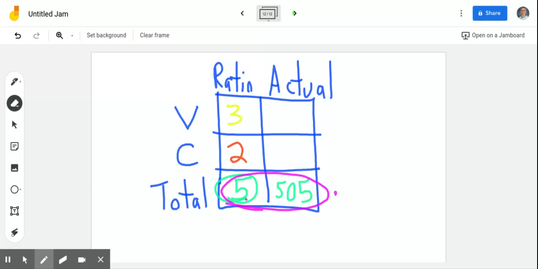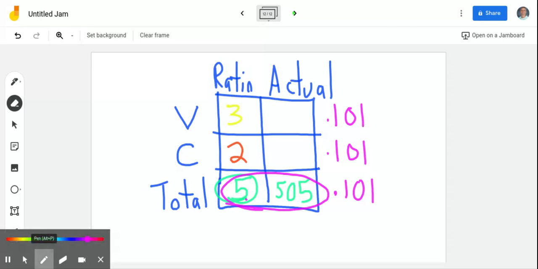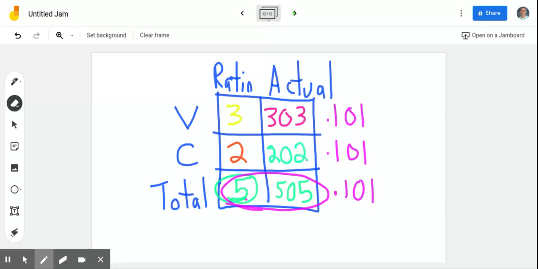So if you don't know what it is, you would divide 505 by 5 and you'd get 101, which means that every column is multiplied by 101. So you take 3 times 101 and you would get 303. And then you would take 2 times 101 and you get 202.